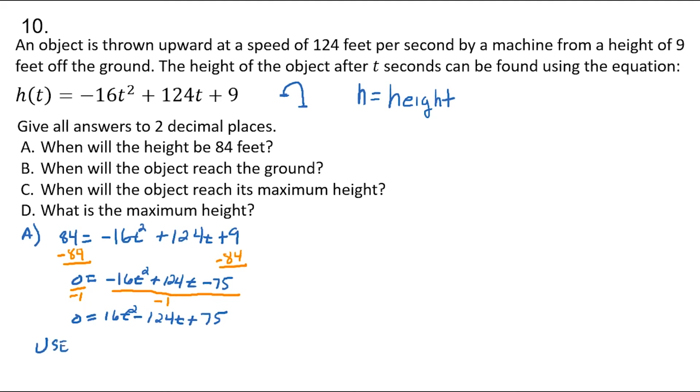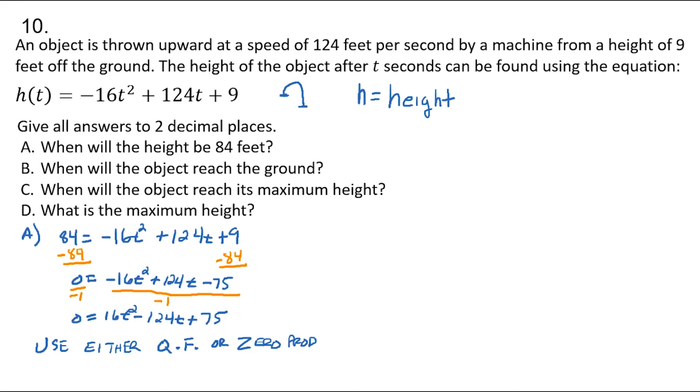Now at this point I can use either the quadratic formula, or the zero product property. With the zero product property, you factor this quadratic and then you solve each individual linear equation.